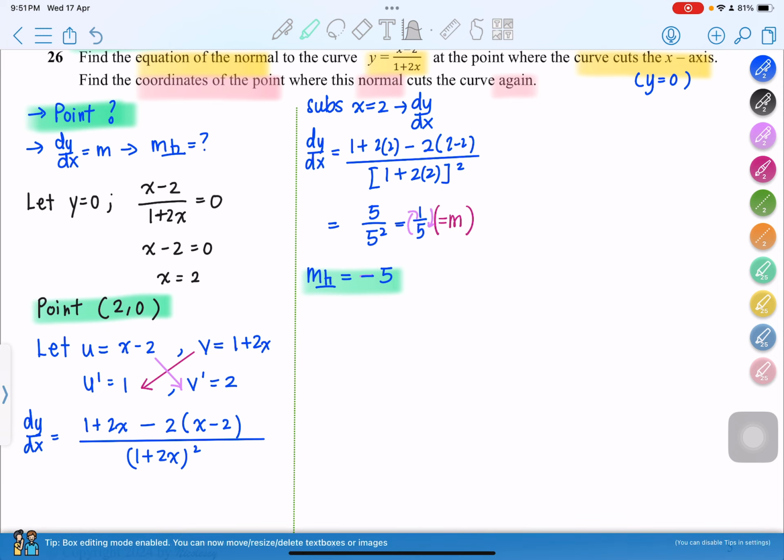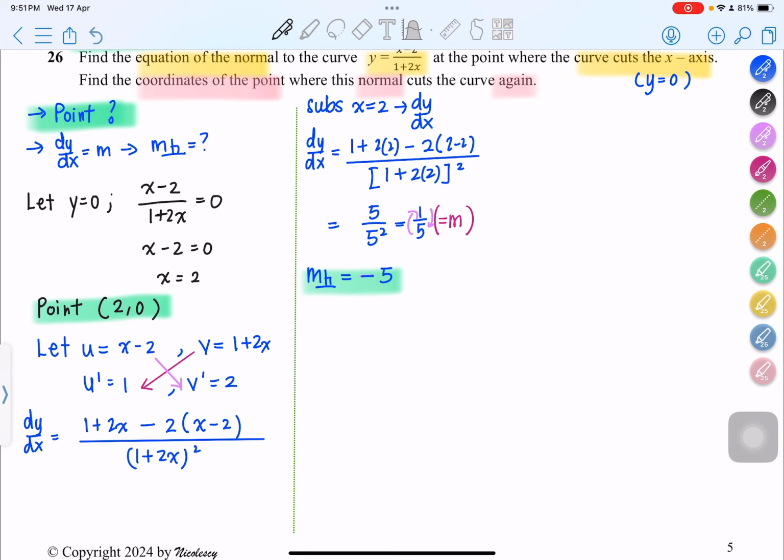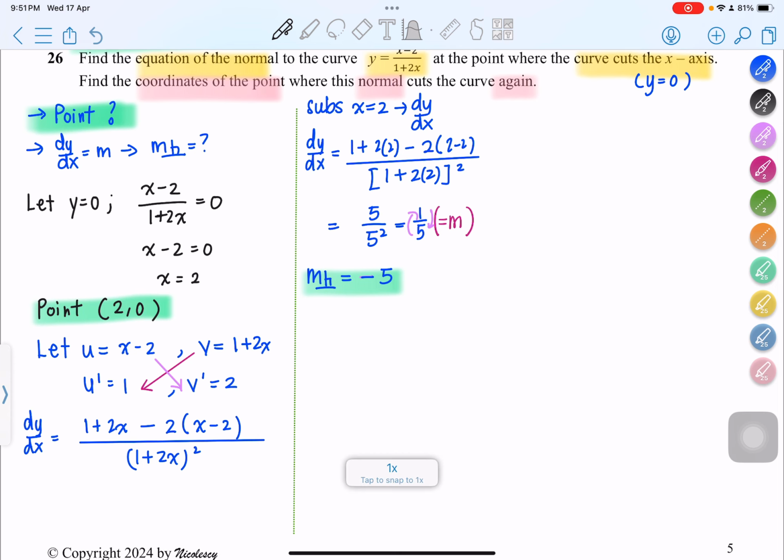Since I have these two, I can substitute into my equation of normal, y equals m perpendicular x plus c, to find the intercept c.